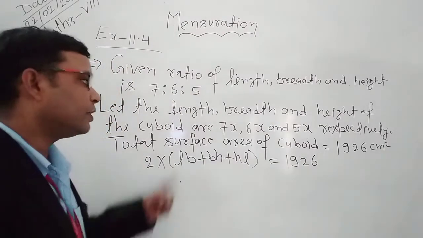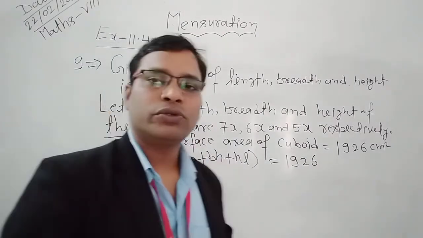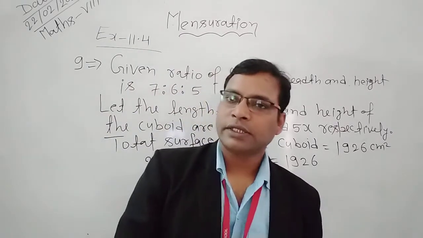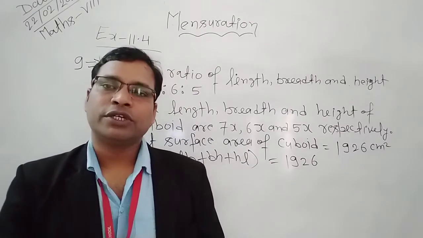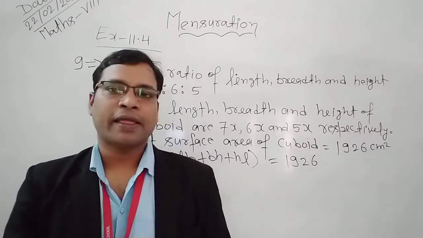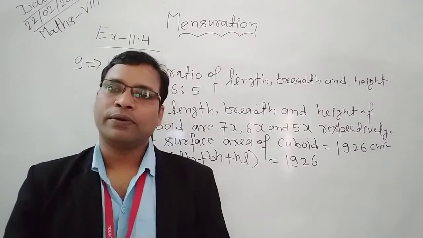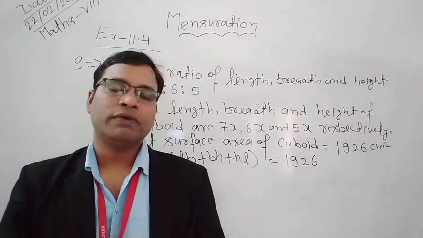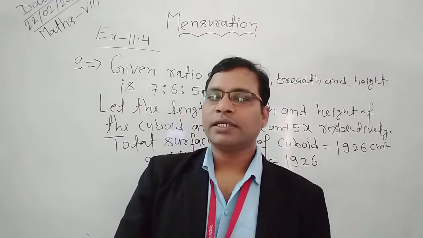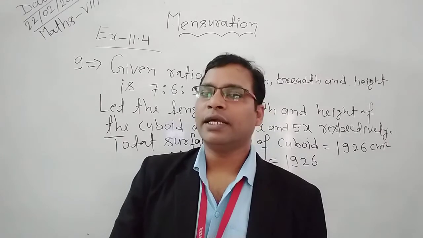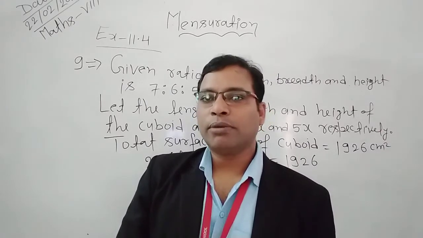Okay, but here we let the length, breadth and height be 7x, 6x and 5x respectively, because the ratio of length, breadth and height is given here, 7:6:5. So from here we find the value of x. After this we find the length, breadth and height of the cuboid, and at last we find the volume of the cuboid.